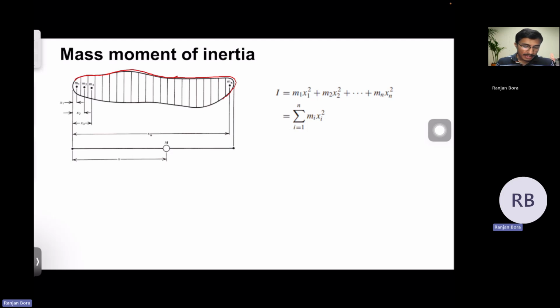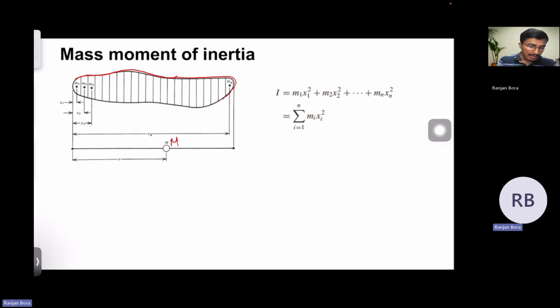The total mass of this whole object is capital M. Now if we divide this capital M into n small objects, then the mass of each small object is represented by small m.